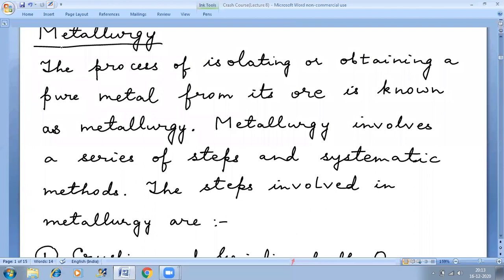So I can carry out the processes of isolation and extraction, and at the end of these processes, I'll have the metal with me in hand. That means I have obtained it through metallurgy, because metallurgy involves steps, methods, and techniques to recover or obtain a metal from its ore.